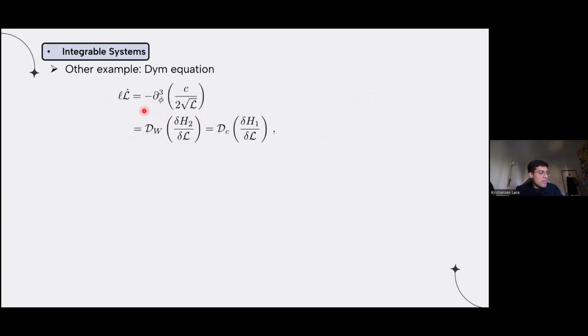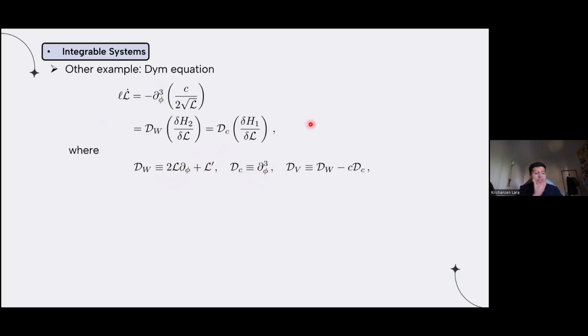So, one can readily find the associated differential operators that allow you to write the dim equation in a Hamiltonian fashion, where we have Dw and Dc, where Dw is given by this expression that you can see here, and Dc is given by this expression. Obviously, we will have d phi squared associated to this, but Dw is novel.